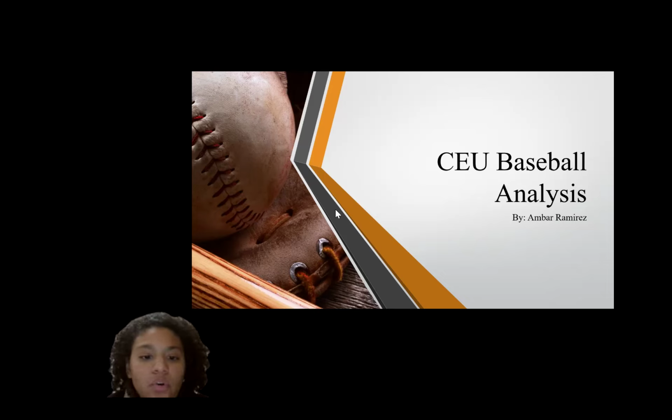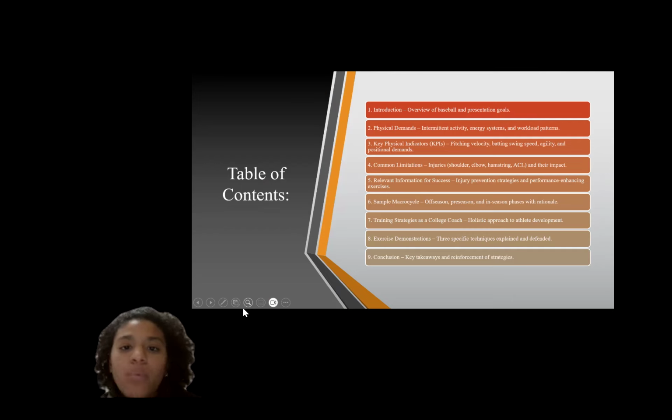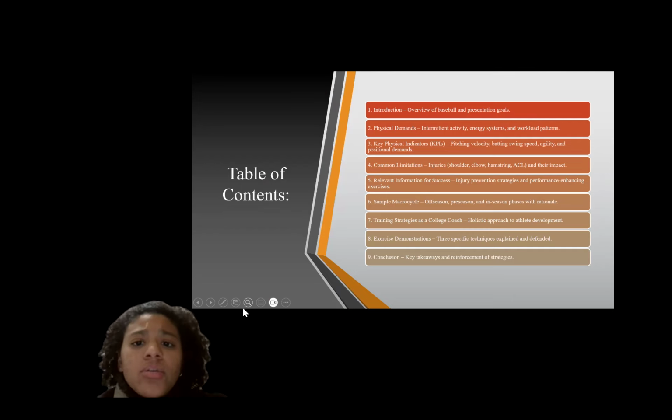For today, we will be looking at the table of contents. We will go over introductions, a basic overview of baseball and the presentation goals. We'll be going over physical demands, key physical indicators, so KPIs, pitching velocity, batting swing, speed, agility, and positional demands.